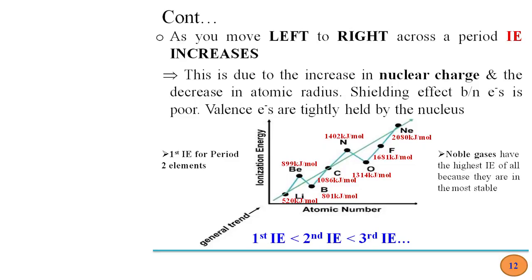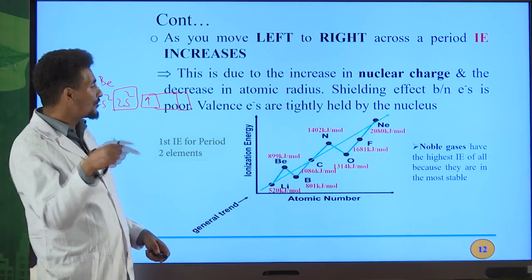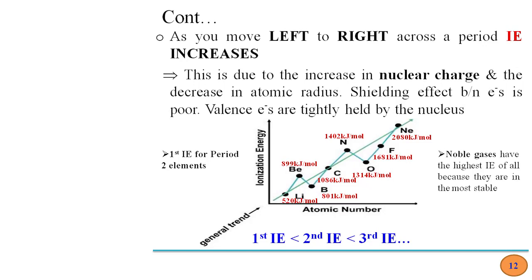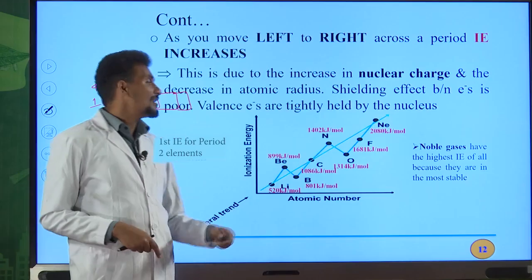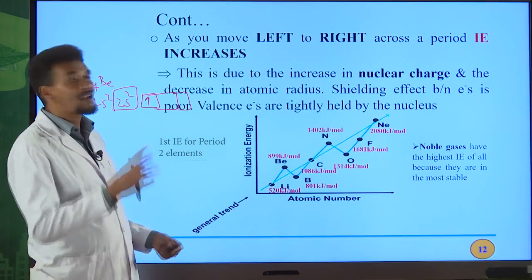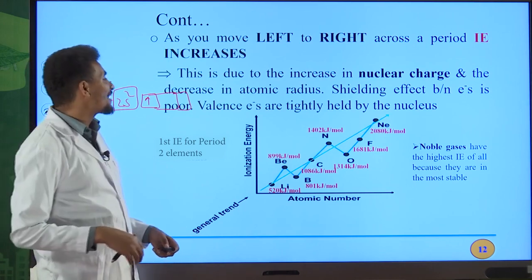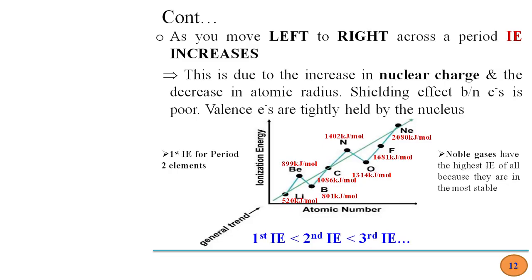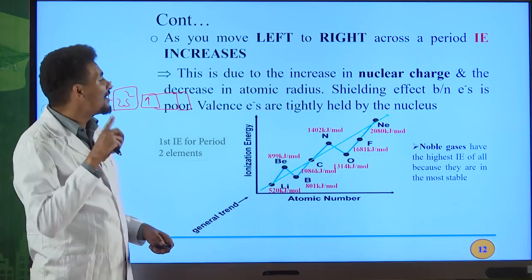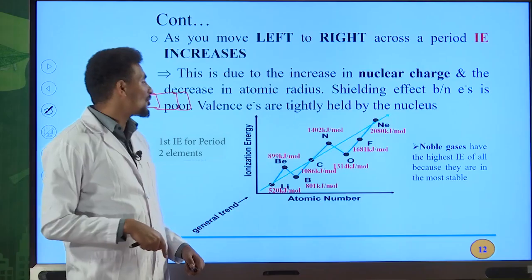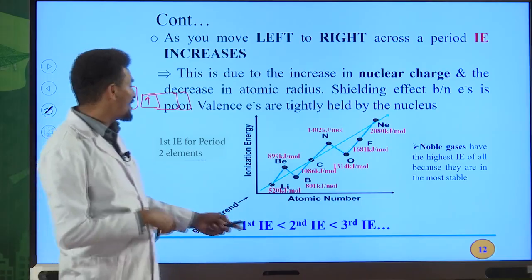I will tell you the factors that affect ionization energy on the next slide, but all the time remember that noble gases have the highest ionization energy of all because they are the most stable. They are inert elements. They are stable elements when compared with other elements, so it is really difficult to remove electrons from them.